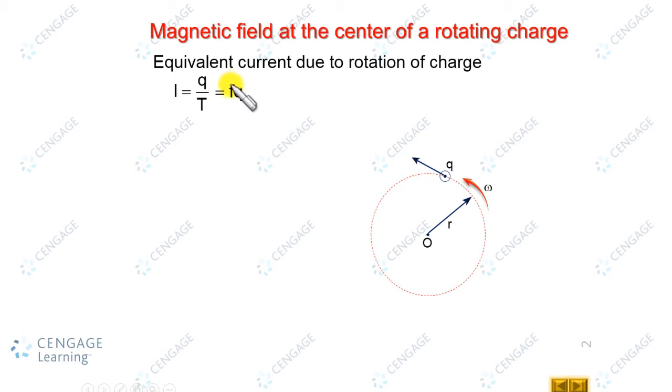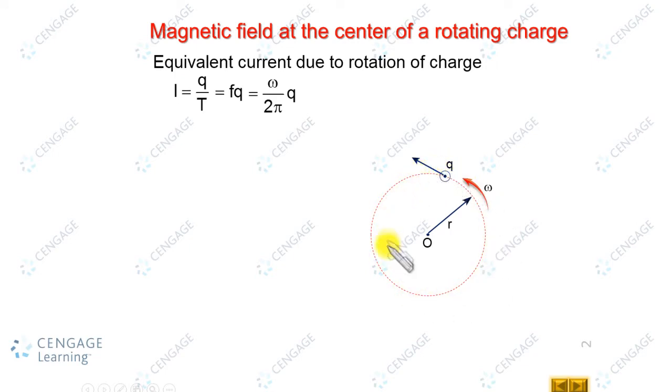Small f is the frequency of rotation, and we know omega, the angular velocity, is equal to 2 pi f. That means f, the frequency, should be equal to omega divided by 2 pi. So this expression can be written as omega divided by 2 pi multiplied by small q. So this is the equivalent current that is developed due to rotation of this charge.